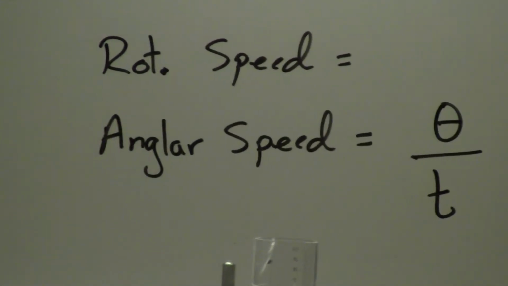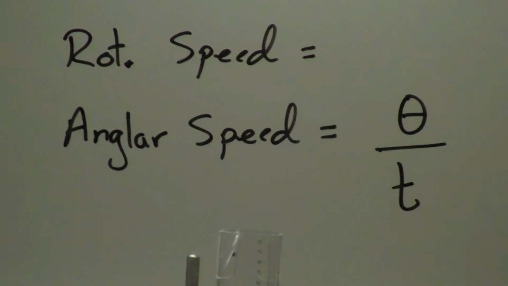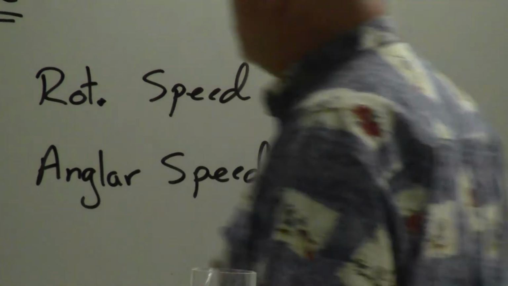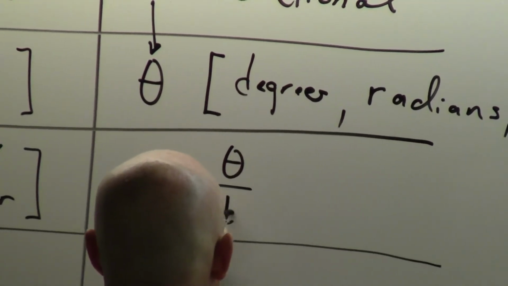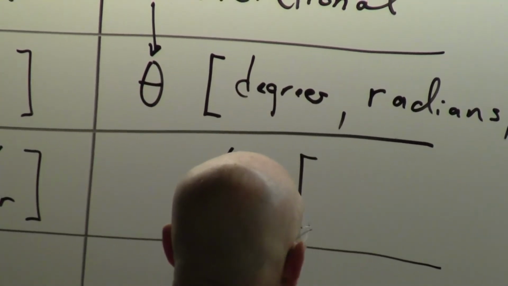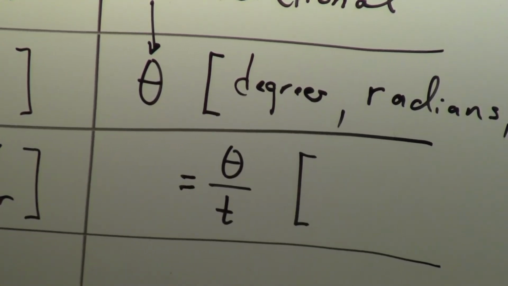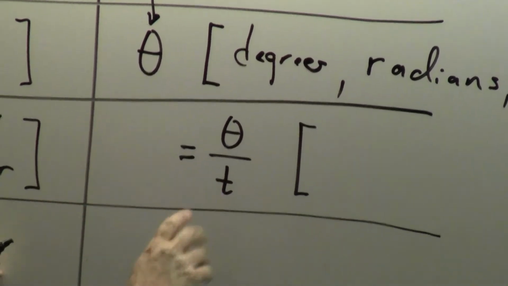How much did it move in that 1 second, or 1 minute, or 1 hour? And so I would have something that would look like this. Angle per time. And it would be measured in what units? Well, I hope you can see the comparison.